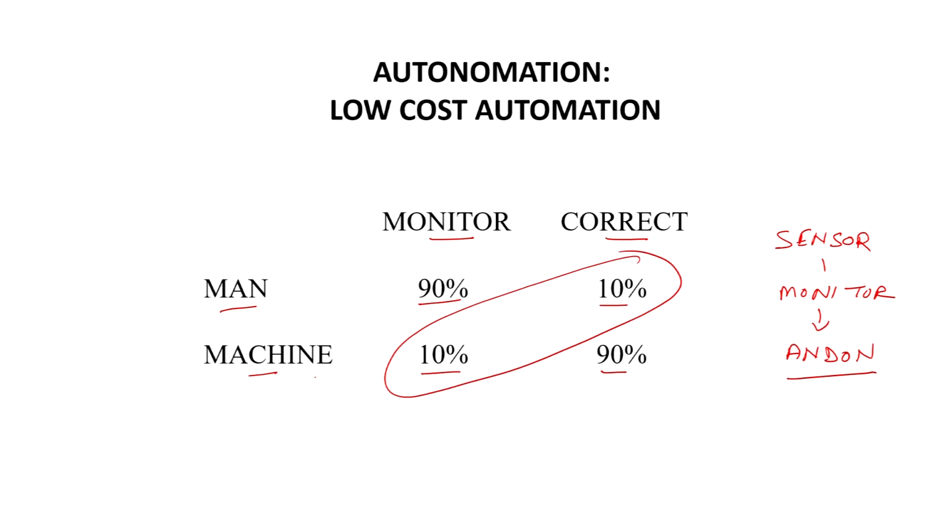A light signal, a tower kind of a thing is there, where a flag is there, different colored lights are there, and depending upon the nature of the fault, a specific color, red, blue, green or any such color will glow, and the same signal will be there in the supervisor area also. So, the supervisor will also get to know that on such and such machine such and such problem has occurred. So, the right type of attention is given to that. So, that is called low cost automation or autonomation.